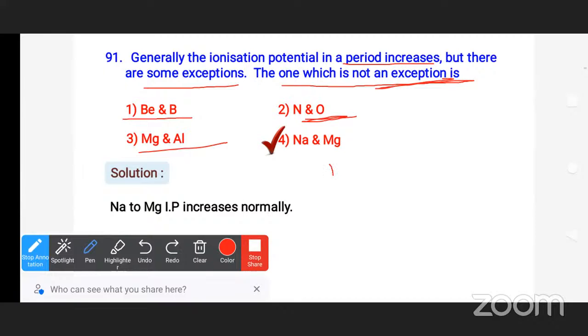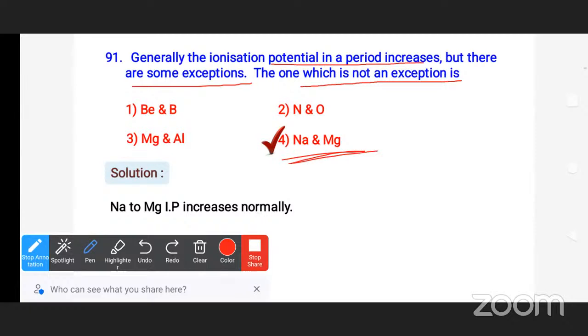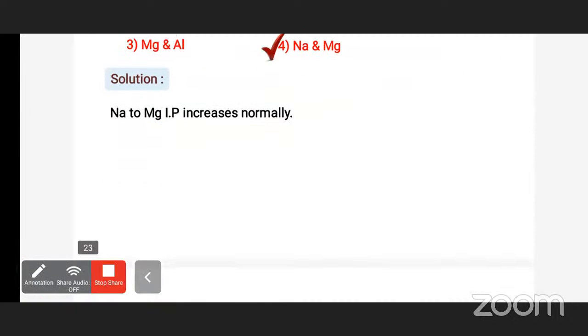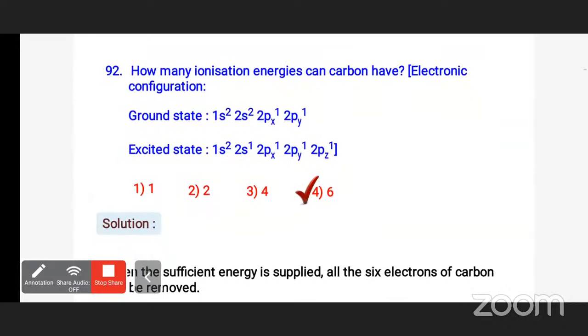So sodium to magnesium IP value increases normally. So the fourth option is the right option. Sodium to magnesium IP increases normally. So the fourth one is the right answer, right, students?